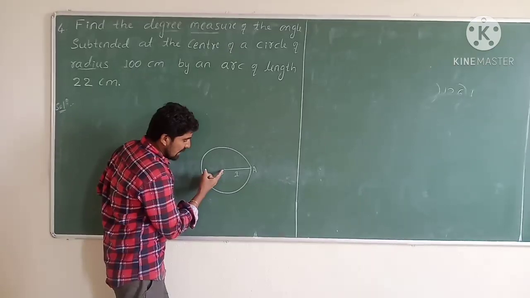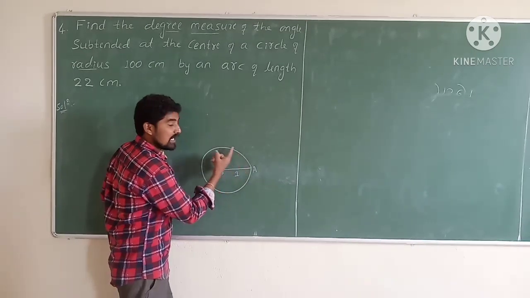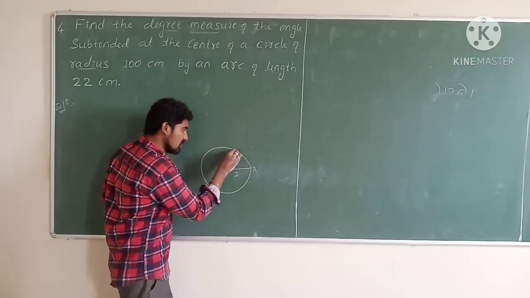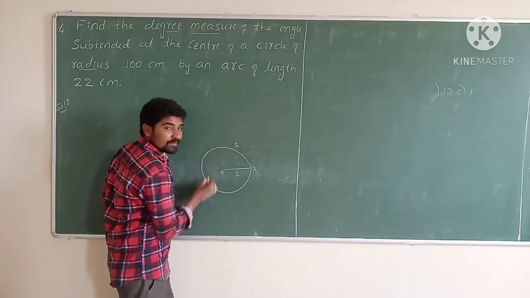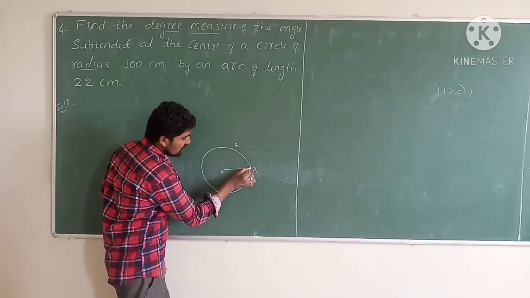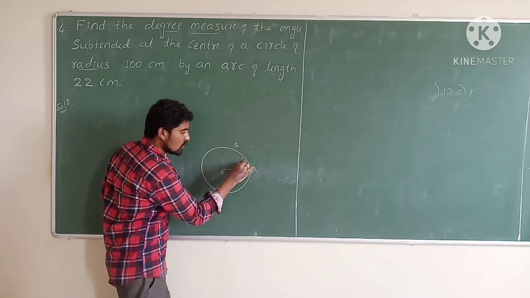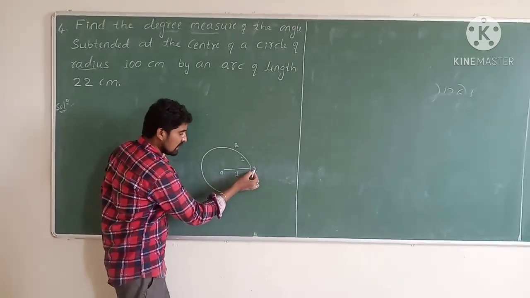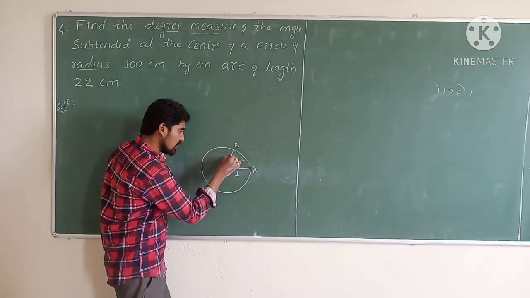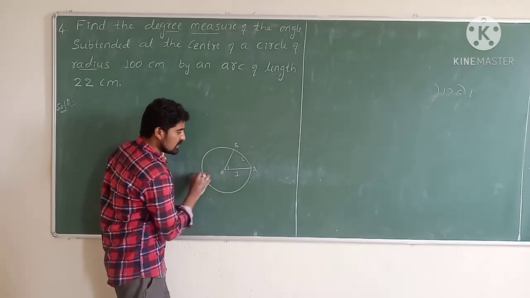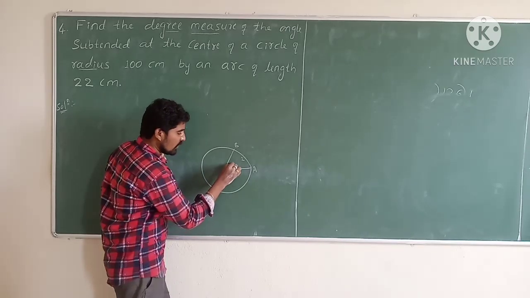This OA starts rotating in the anti-clockwise direction and stops at the point B, such that the length of AB is also equal to 1 unit. Then angle AOB is said to have a measure of 1 radian.